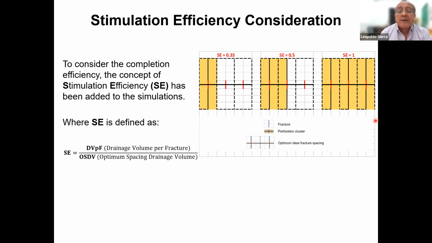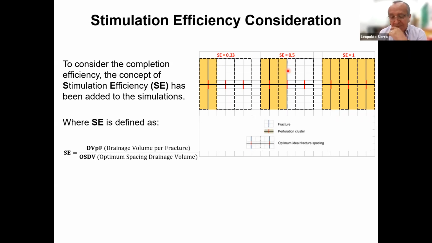So in most cases, we're going to see a stimulation efficiency of 0.5. It means that if we're placing 3 or 4 clusters of perforations, we're only going to be able to generate 2 fractures, for example. And the other 2 we're not going to be able to fracture.